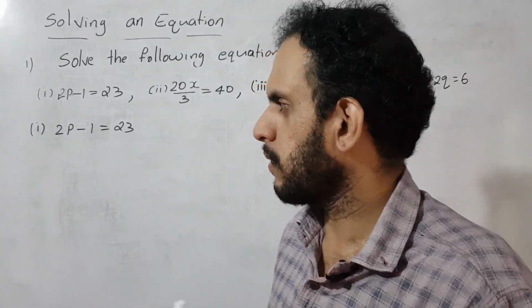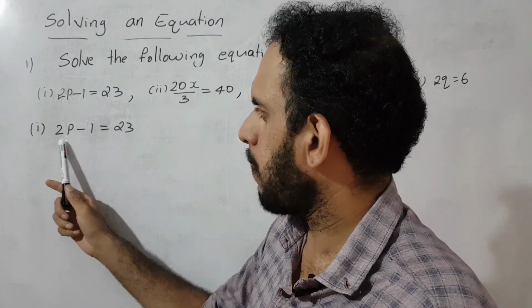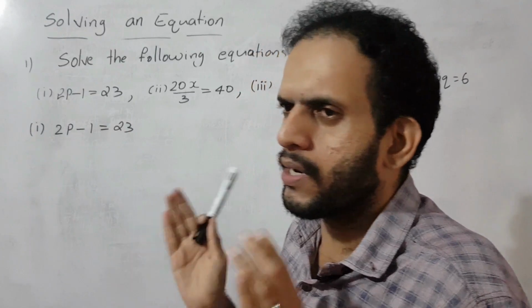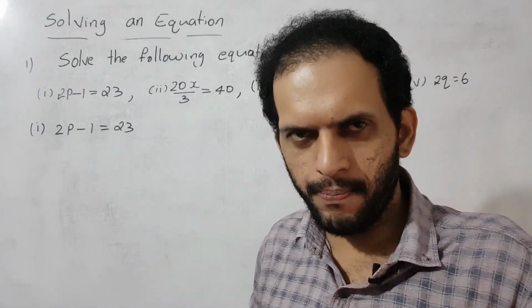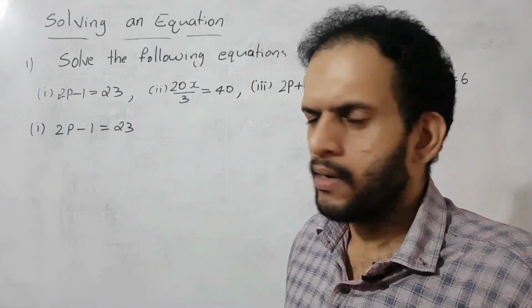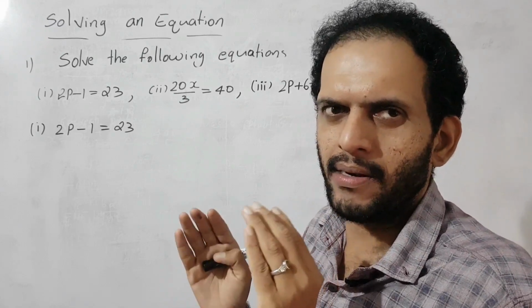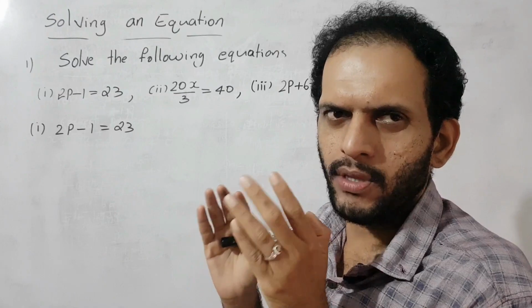Our idea is to keep only that variable there and remove the terms and numbers that come along with it. So the idea is to remove the terms and numbers with the variable.